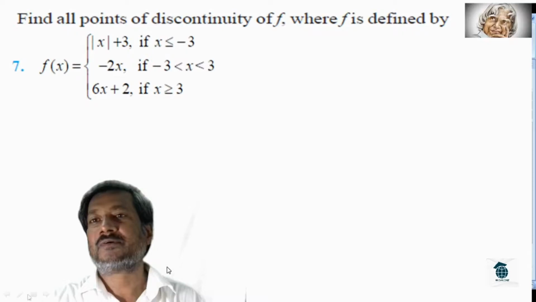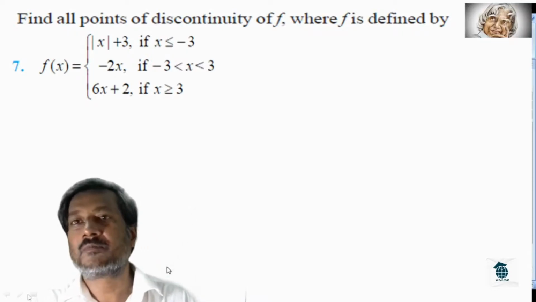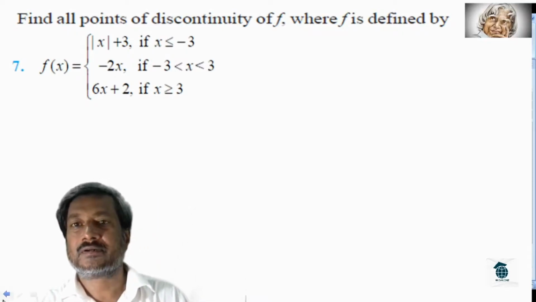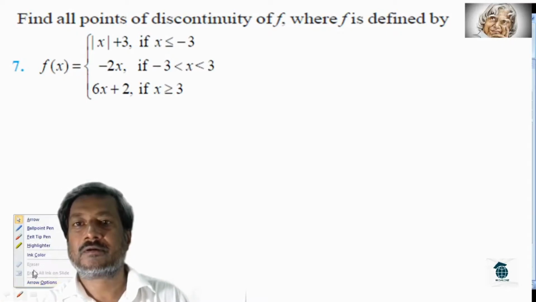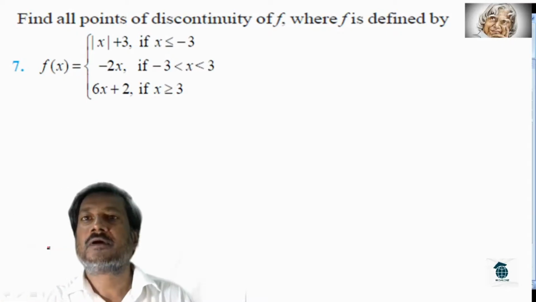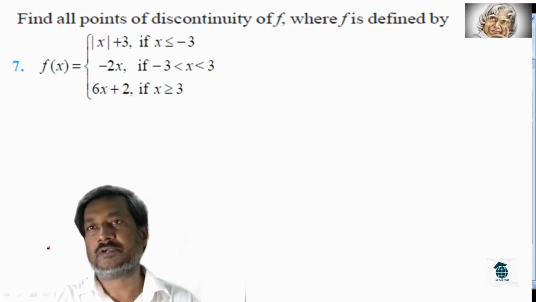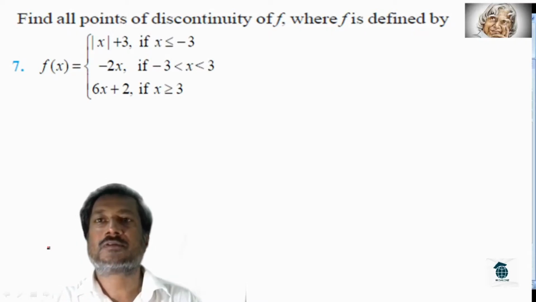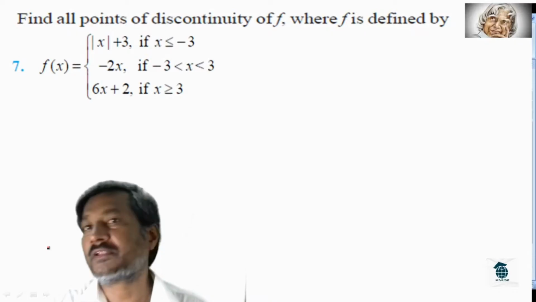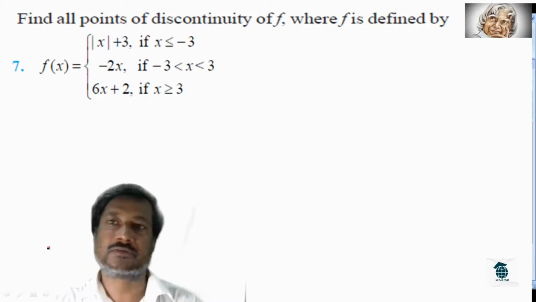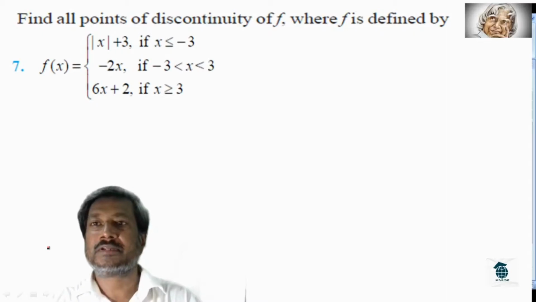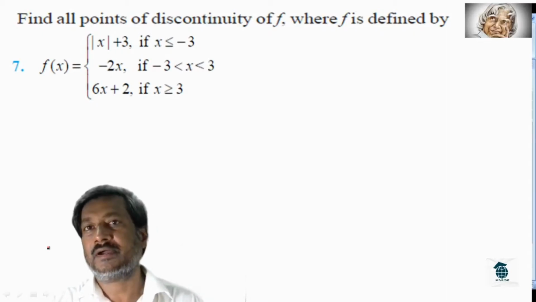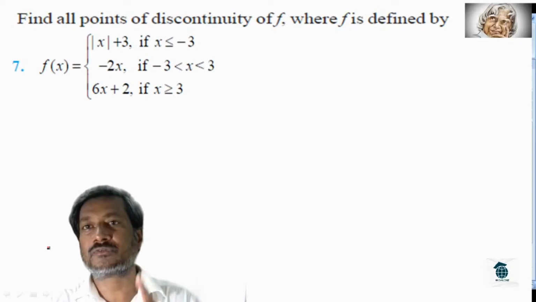Now I shall begin with this problem: find all points of discontinuity of f, where f is defined by f(x) equal to modulus of x plus 3 if x is less than or equal to minus 3, equal to minus 2x if minus 3 is less than x less than 3, and equal to 6x plus 2 if x is greater than or equal to 3.